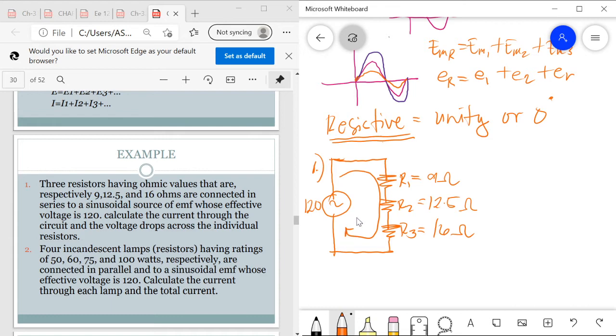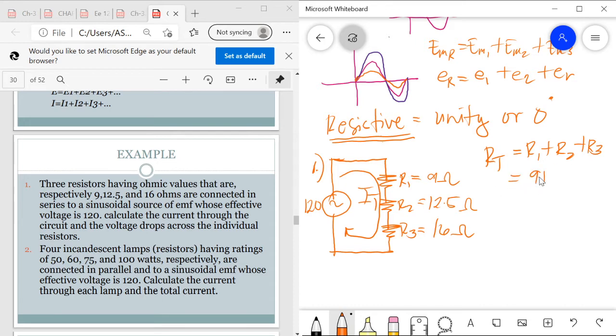So, basic Ohm's law. What is the value of your total current? So, simply, we first solve the total resistance R1 plus R2 plus R3.